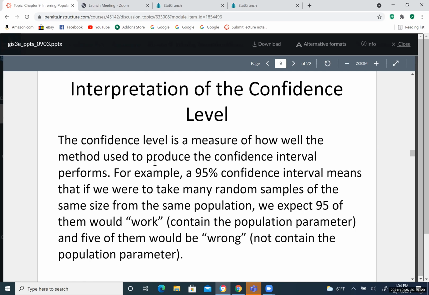For example, in this case, a 95% confidence interval means that if we were to take many random samples of the same size from the same population, we would expect 95% of them would work, contain the population parameter, and 5% of them would be wrong, not contain the population parameter.